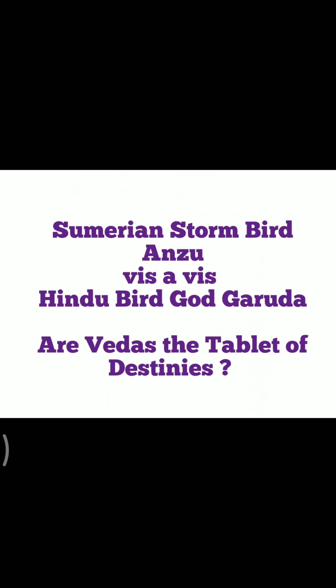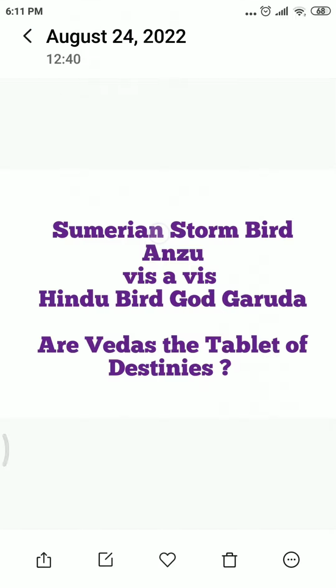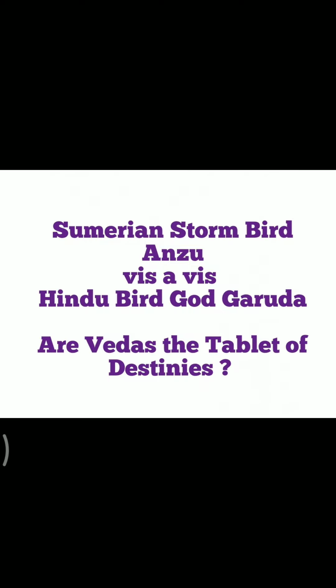Its actual name is ANZU, but in short it is called zoo. This storm bird is supposed to have the head of a lion and the body of an eagle or bird.